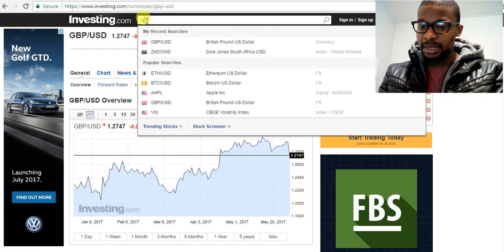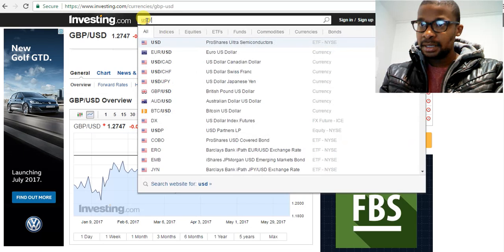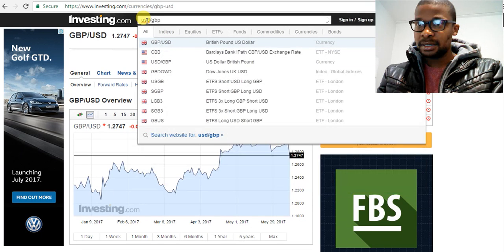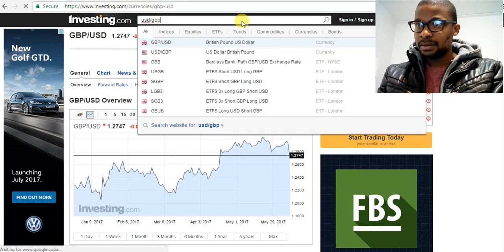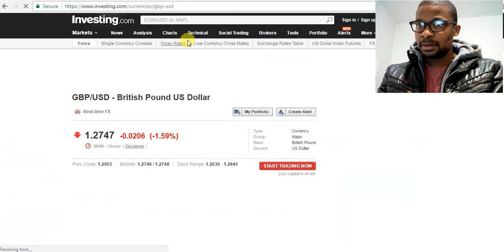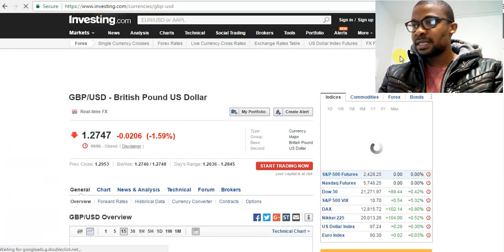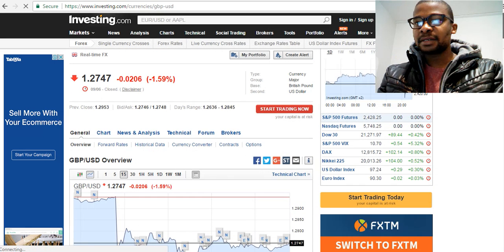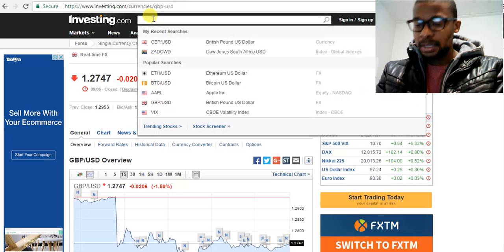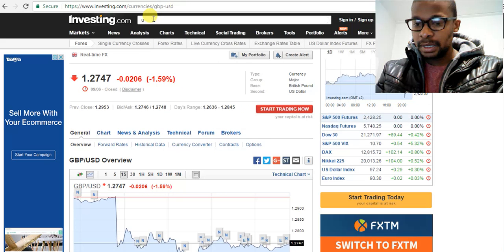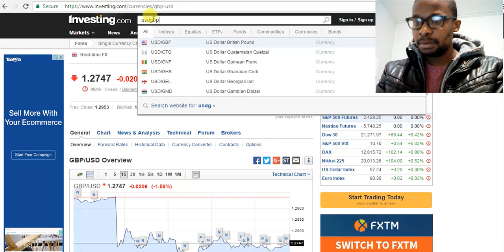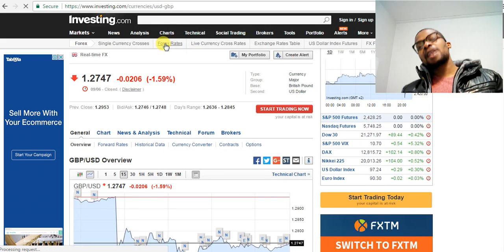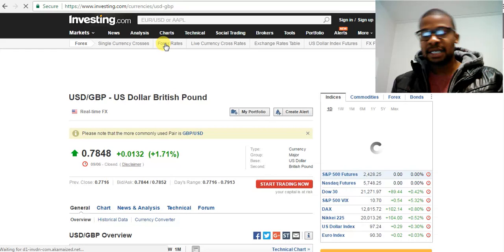We can put it USD GBP, right? It's the same. What happened here? I actually asked for use. Let's do it again. USD GBP. There. So it's the same pairs, but it's the other way around.